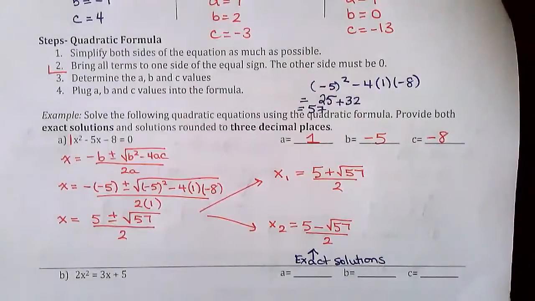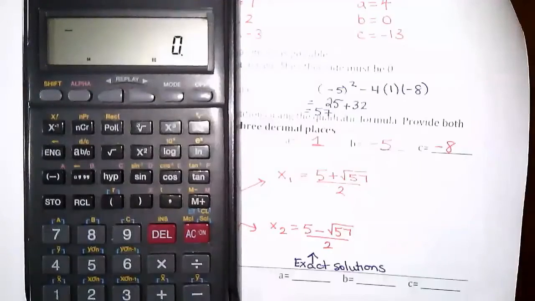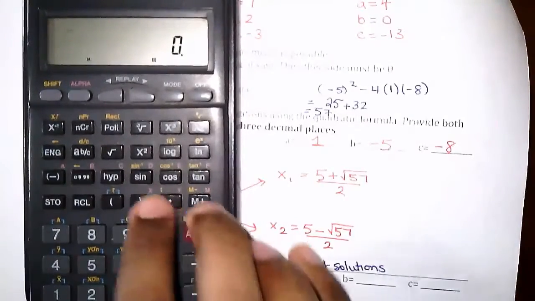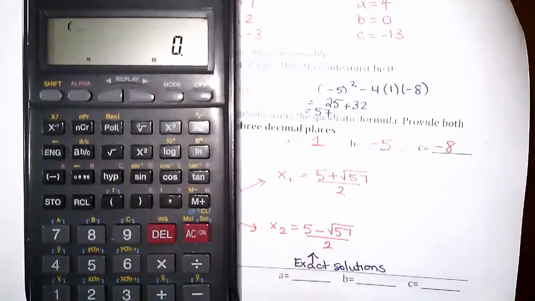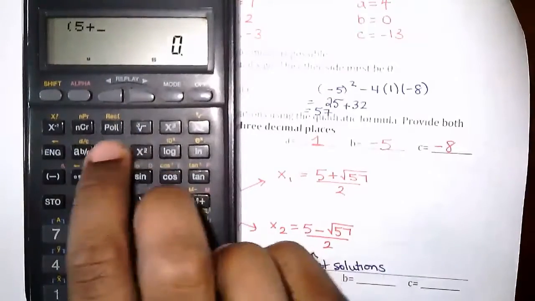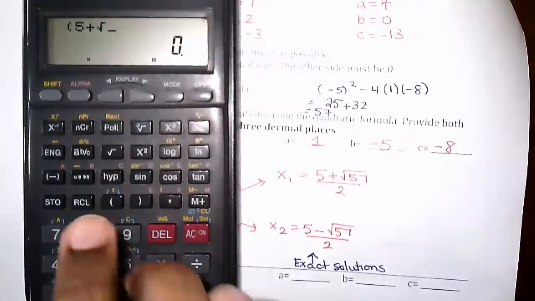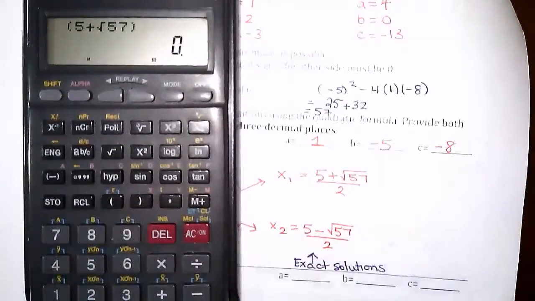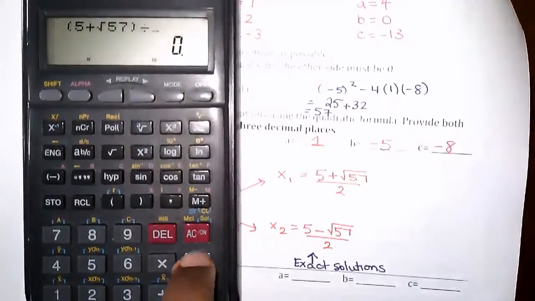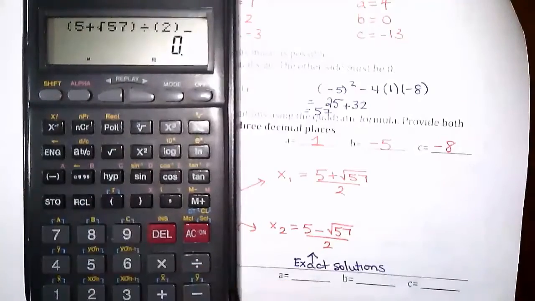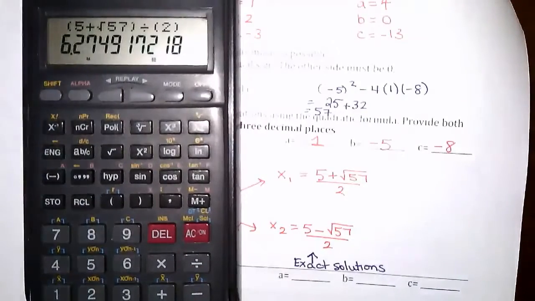In order to do that, you need to put these into your calculator. So give me 1 second. Okay, so I'm going to plug this into my calculator. The first thing I have to plug in is 5 plus root 57 divided by 2. What I need you to do is plug in the top in brackets and plug in the bottom in brackets. So open your bracket, 5 plus, you should all have a root sign, root 57, close the brackets, that's the entire top, divided by the entire bottom in brackets, which gives me about 6.2749.